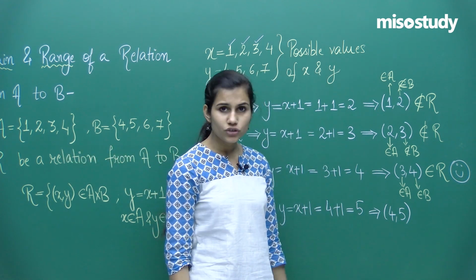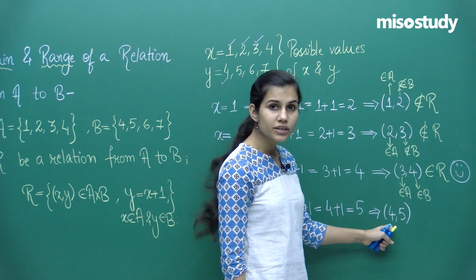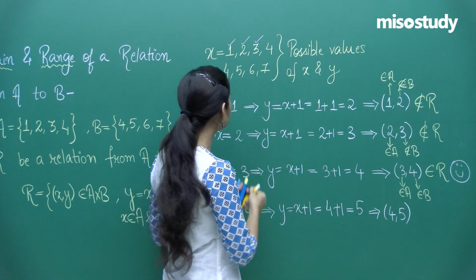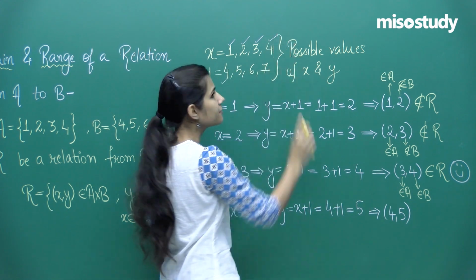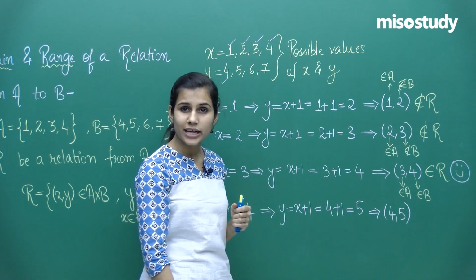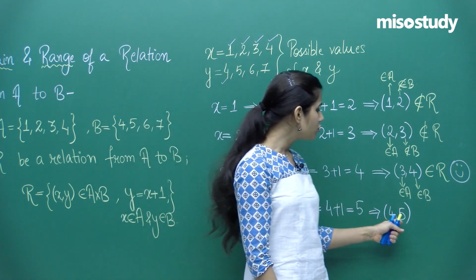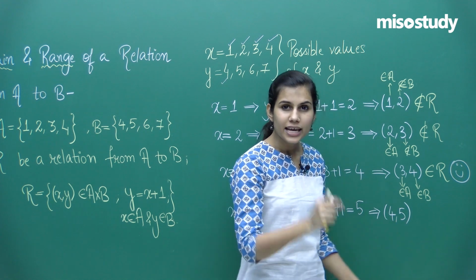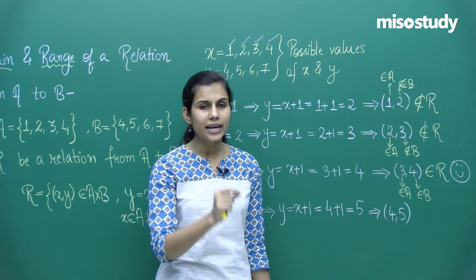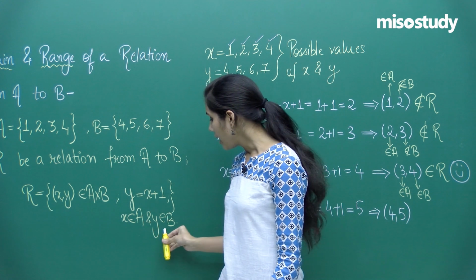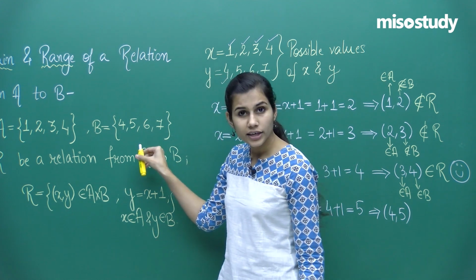Let's go and check. The x that I have here is 4. 4 is very much coming from set A. Of course, x is not creating a problem. And if I go to the next element, which is 5, is 5, the second element of the ordered pair, coming from set B, which is over here?